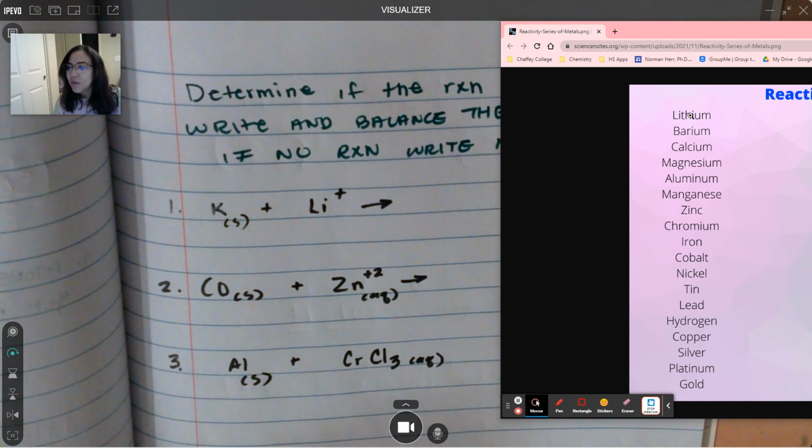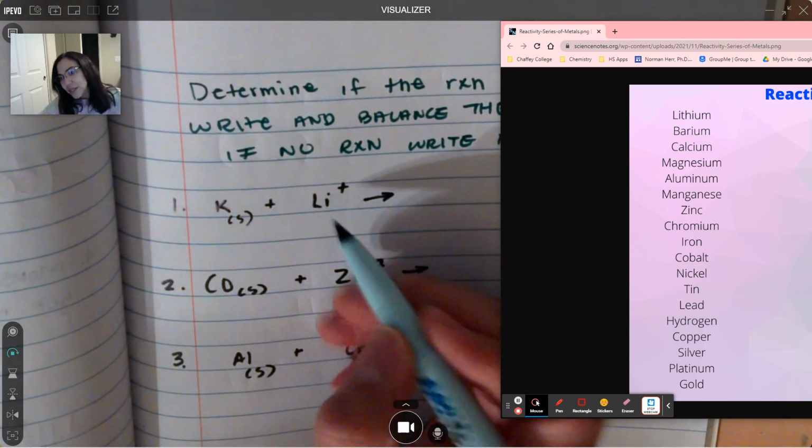Okay. And we want to know, is potassium able to react with lithium? Okay. So lithium is number 1, and we notice we don't see potassium on here. They didn't put it on the list. But potassium is actually below lithium, right above sodium. Okay. So what that means is that your potassium solid cannot react with lithium, and this is lithium that's aqueous.